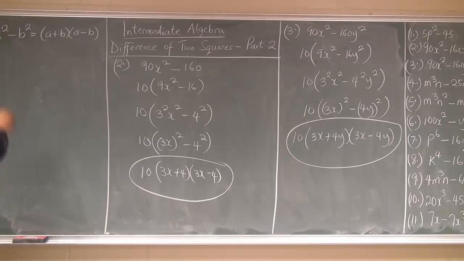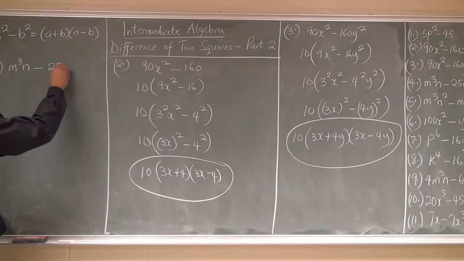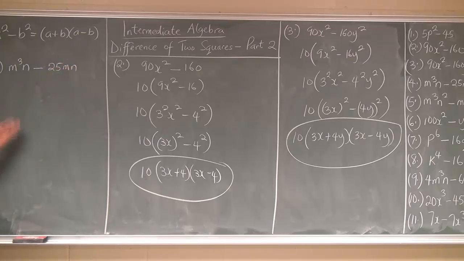Question 4. m cubed n minus 25mn. Okay, if you look at it just by inspection, you might think it's not a difference of 2 squares until you factor by GCF first. So if you factor, what's the GCF?